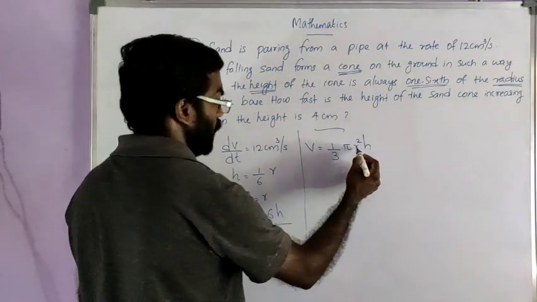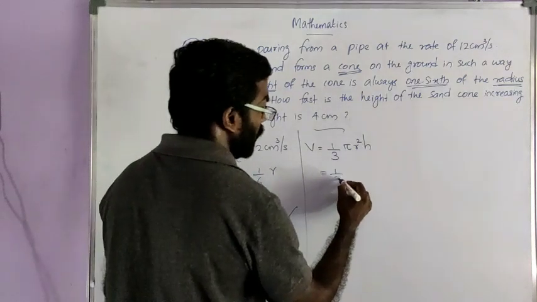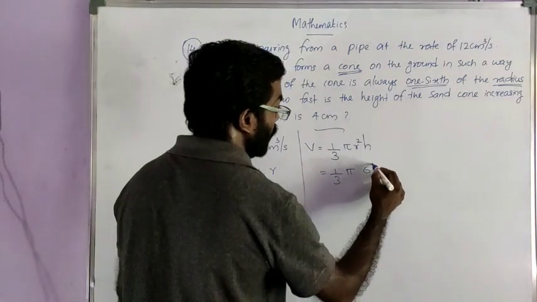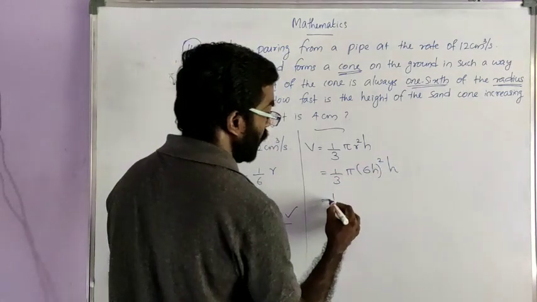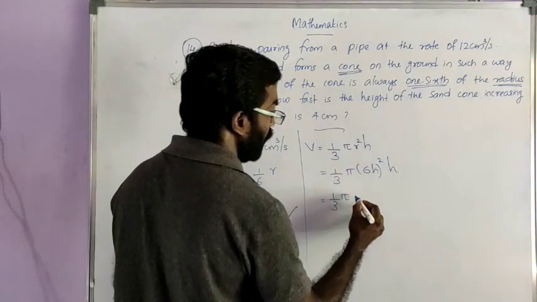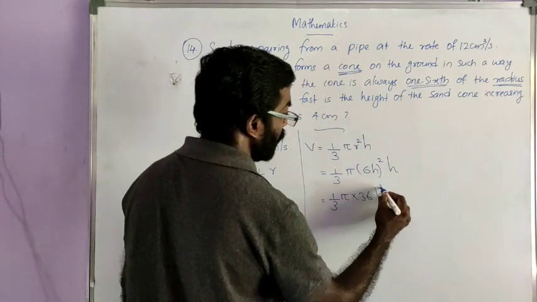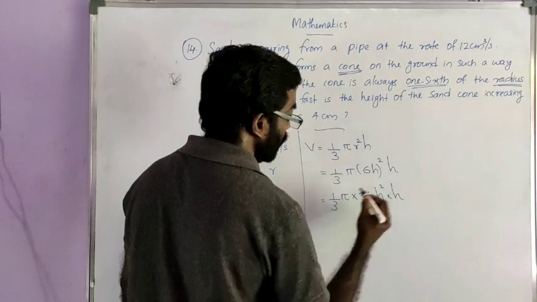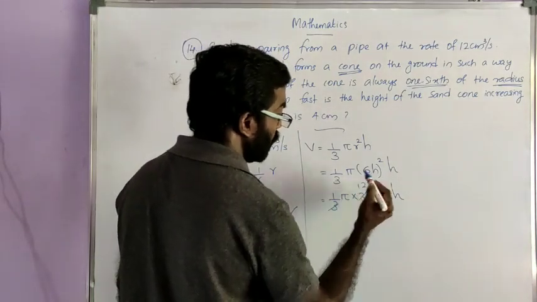Now we can replace the value r equal to 6h. So 1 by 3 pi into 6h the whole square into h. That is 1 by 3 pi into 6 square is 36, then h square into h. We can cancel 36 and 3, we get 12.